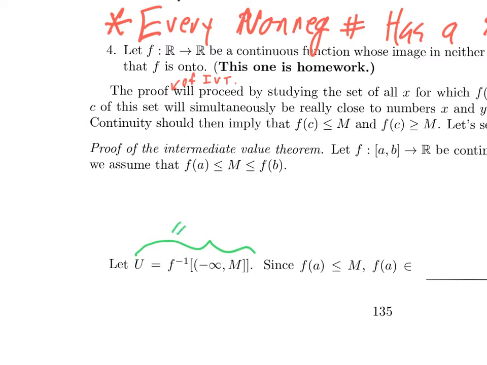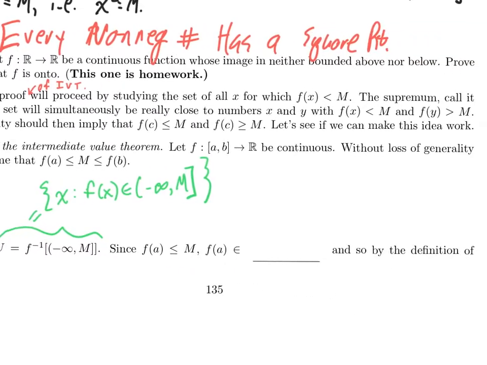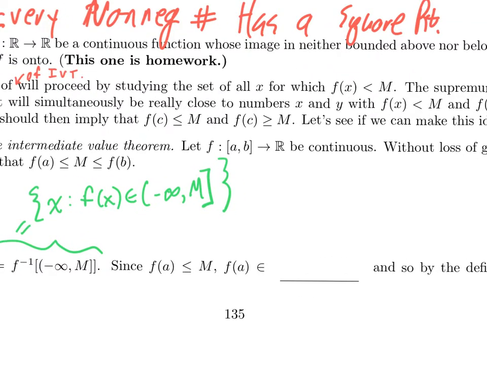This is equal to the set of all x's such that f of x is in negative infinity to m. But what does it mean to be in negative infinity to m? This is exactly the same as the set of all x's such that f of x is less than or equal to m. So that's exactly the set we were talking about in the discussion before the proof.